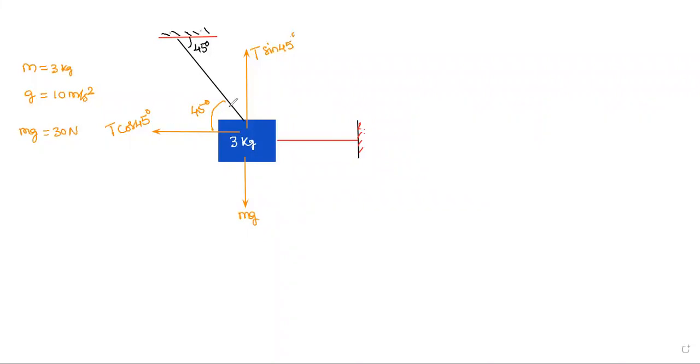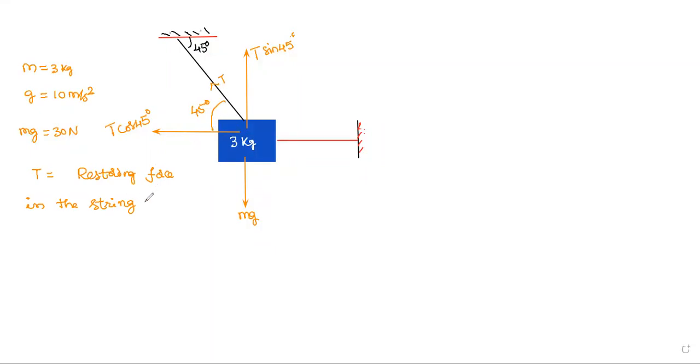Now T is what? Restoring force in the string. Why is the restoring force developed? Because of weight. Weight tries to pull it downwards, to elongate, so some tension is developed in the string.